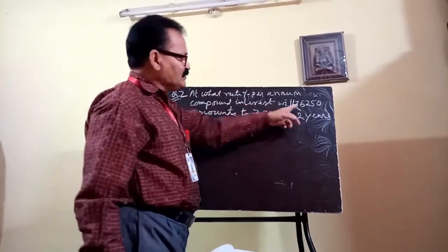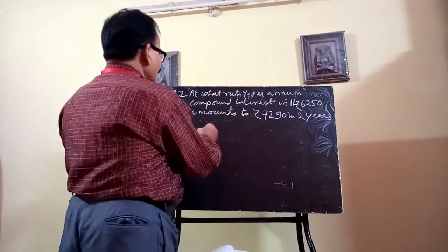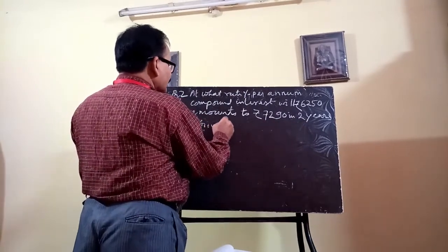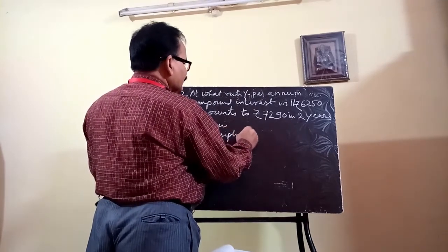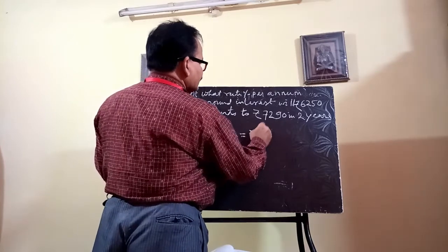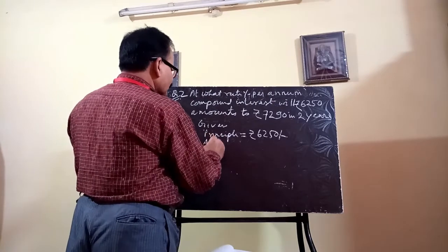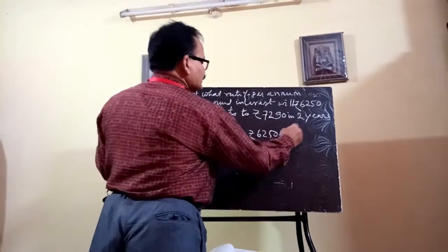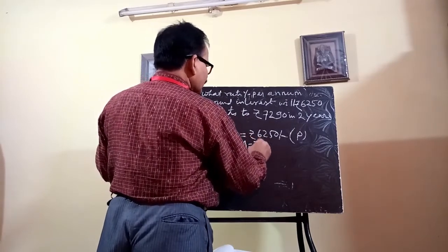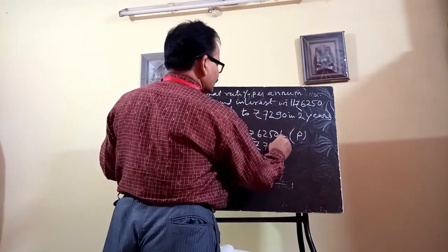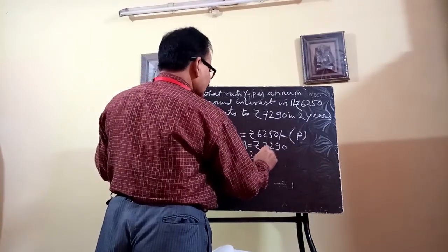So here, in this case, you have to find out the rate percent per annum, and the given part is principal is given, amount is given, and time is given. So you have to write the given part. Given principal is rupees 6,250, and amount, principal means this is your P, amount means this is your A, is rupees 7,290, and time is 2 years.